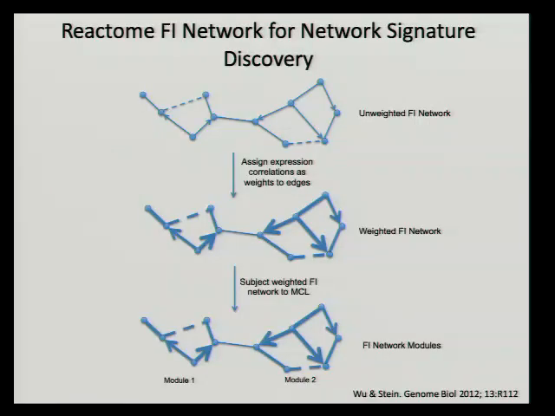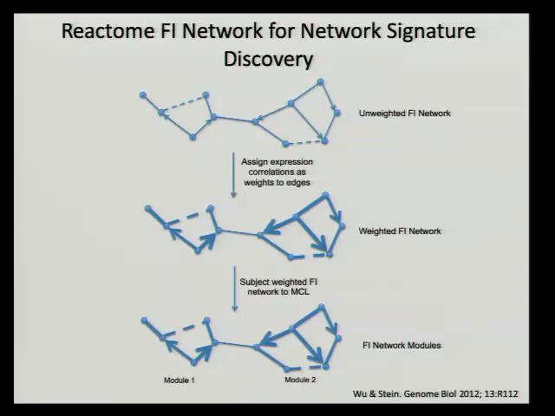The last example I'd like to talk about is that we also use this Reactome FI network for network signature discovery. Originally, remember, the FI network is a so-called unweighted network. Then we can assign expression correlations as weights to our unweighted network, to convert this unweighted FI network into a weighted network.